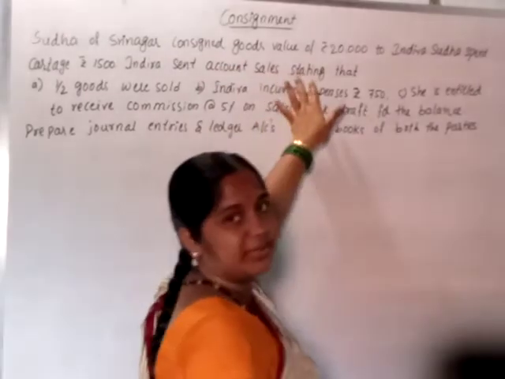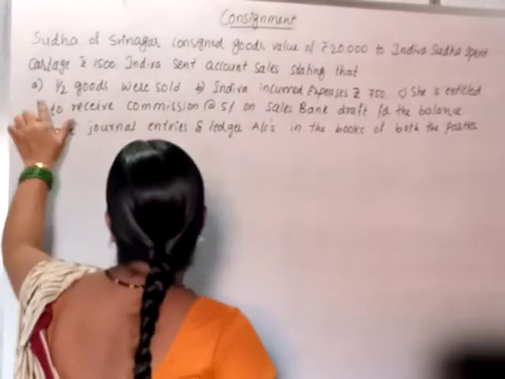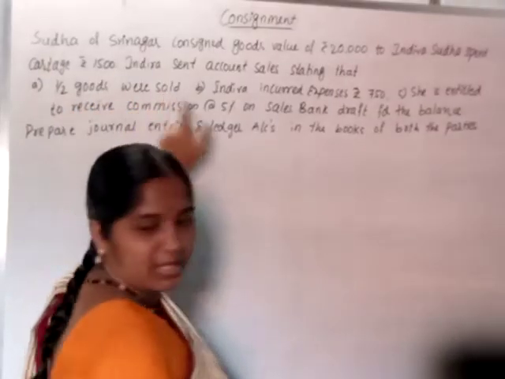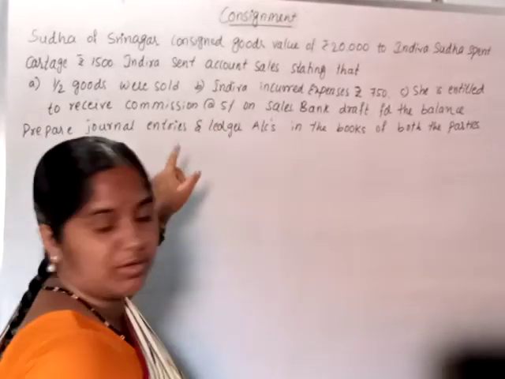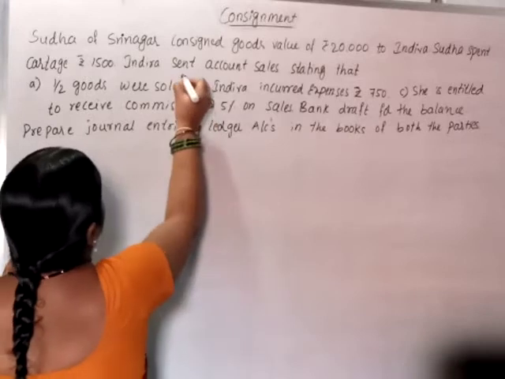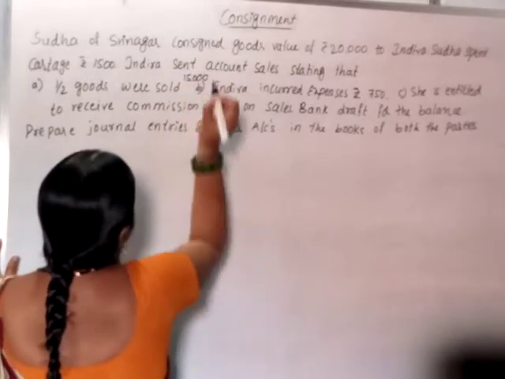Indira sent account sales stating that 1/2 of the goods were sold. I forgot to write the value here. I will write rupees 15,000. So the sales value is 15,000.